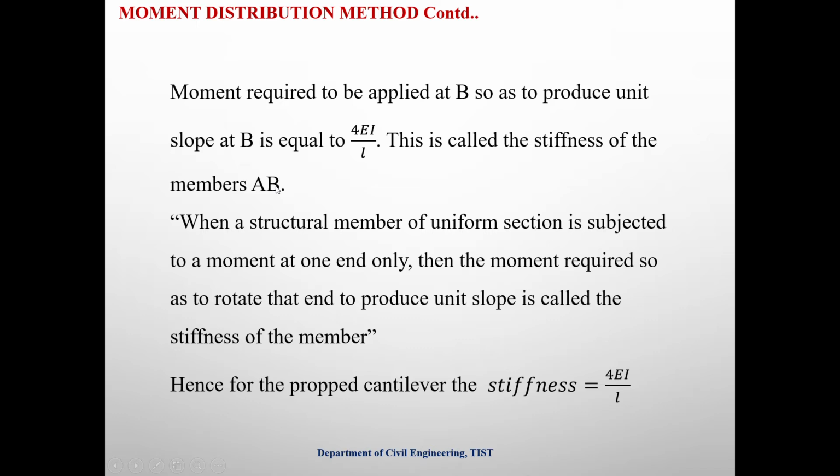That means when a structural member of uniform section is subjected to a moment at one end only, then the moment required to produce unit slope at that end is called stiffness of the member. That value in the case of propped cantilever is 4EI by L.